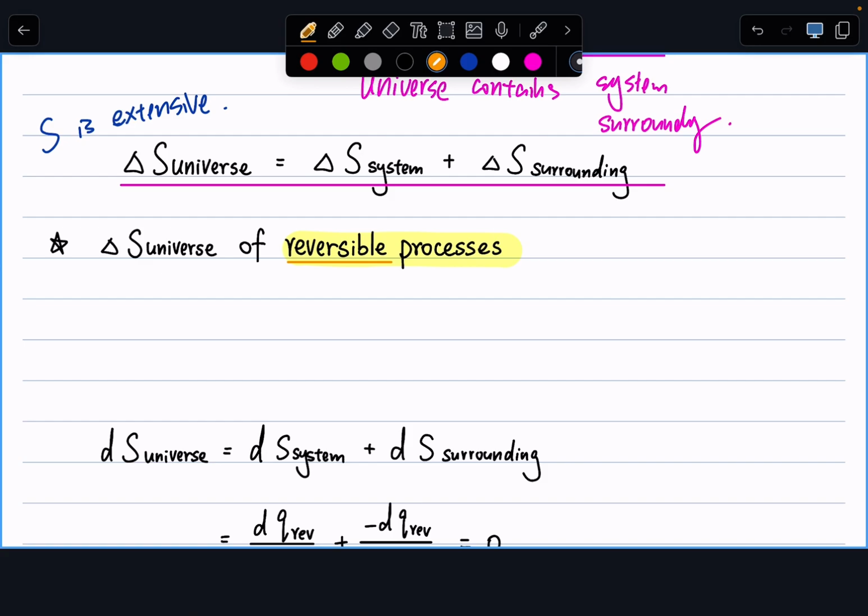So when we have reversible heat transfer, what that means is all heat flows are reversible. Or what does reversible mean in this case when we say heat flow is reversible? We're saying the heat flow from and to the system have the same magnitude.